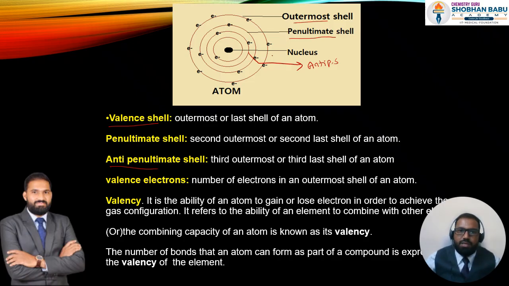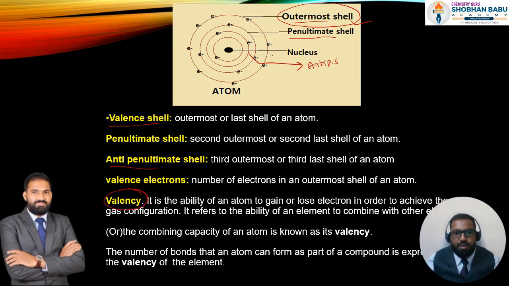Every atom has one outermost shell. The outermost shell electrons decide valency, chemical properties, and also the charges.